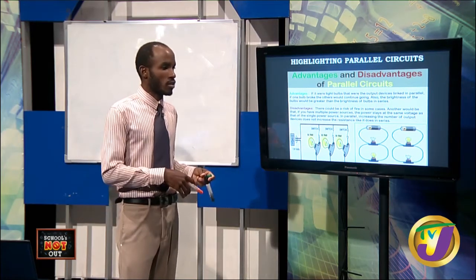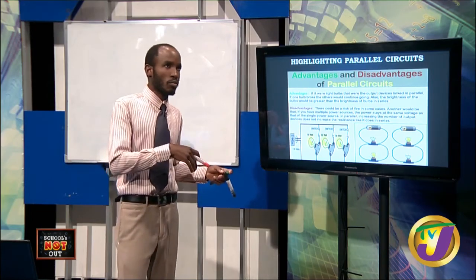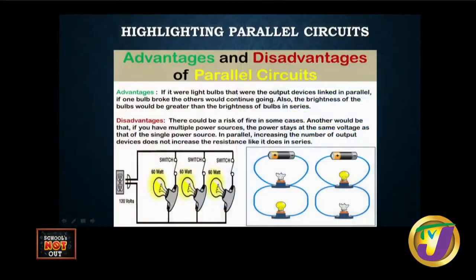So you'll find that a plug and one light bulb may work together, because when you flip the circuit breaker, everything for a section goes out. But essentially you'd want parallel wiring in your house because it makes sense to have parallel wiring instead of series. Disadvantages: there could be a risk of fire in some cases.